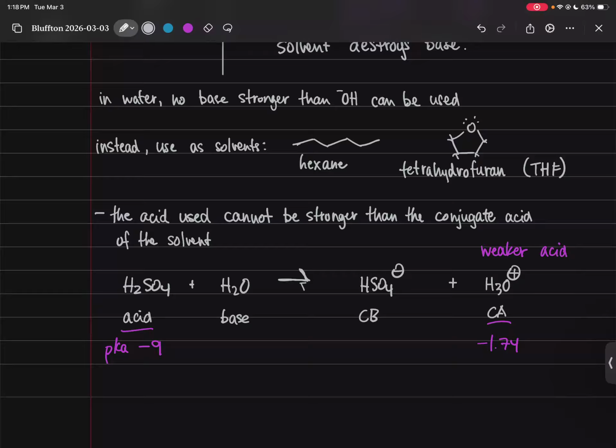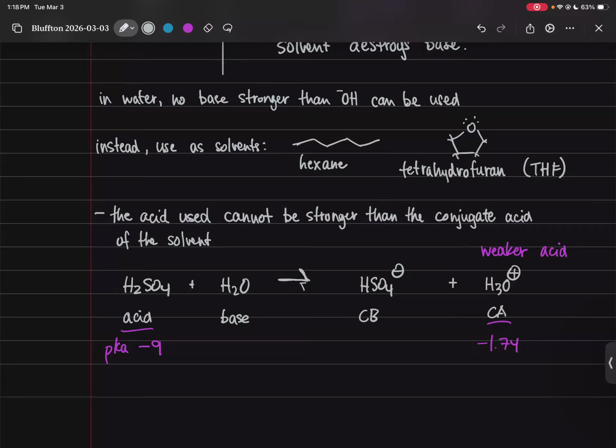So what does this mean about sulfuric acid in water? It means that it's not sulfuric acid in water. It's H3O plus. Now, that's assuming you have a 1-to-1 mole ratio. If you have just a very small amount of water, then you won't be able to do this reaction for every molecule of H2SO4. But because sulfuric acid is stronger than the conjugate acid of the solvent, in dilute sulfuric acid, we don't get that really strong -9 pKa.